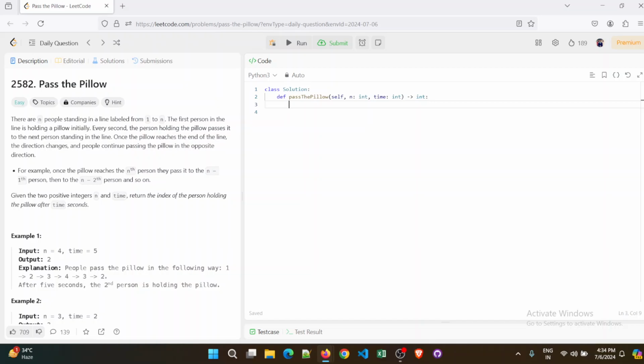Let's understand with the code. Let's write the code.